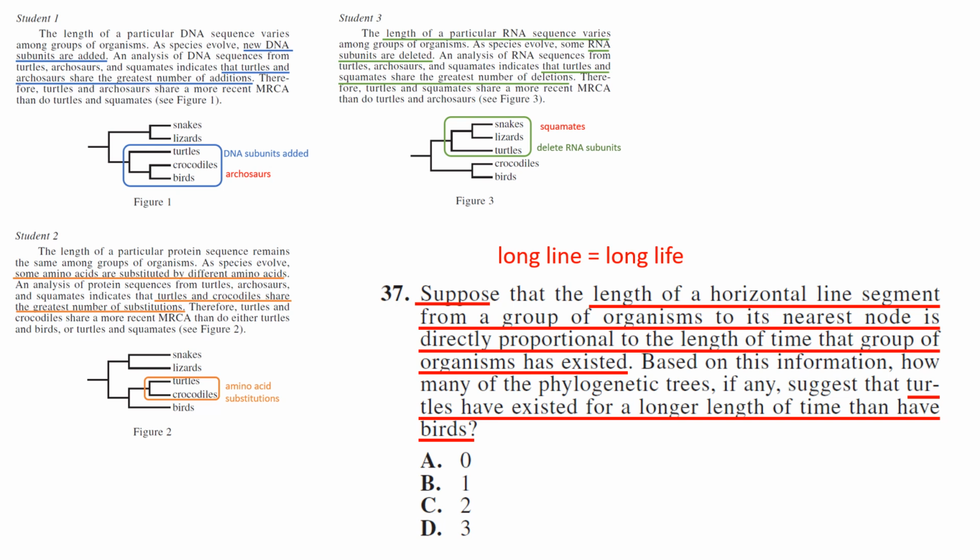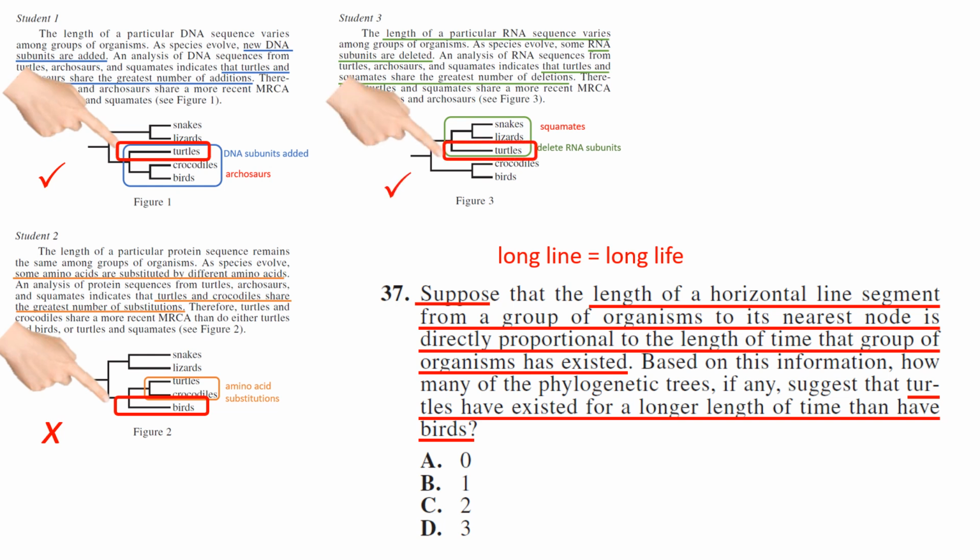So we want turtles to have a longer line than birds in any of the trees. So let's just check each one. Student 1, turtle line is longer than the bird line, right? The bird line is here. Student 2, birds is longer, so that one's out. Student 3, turtles is longer than birds. So your answer would be 2 students agree with that. Choice C.